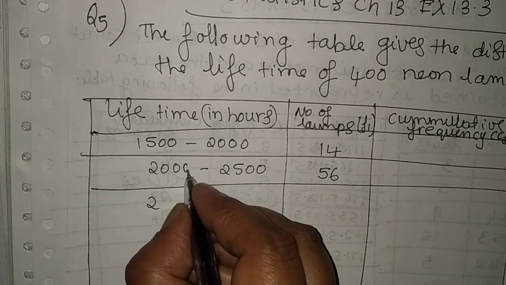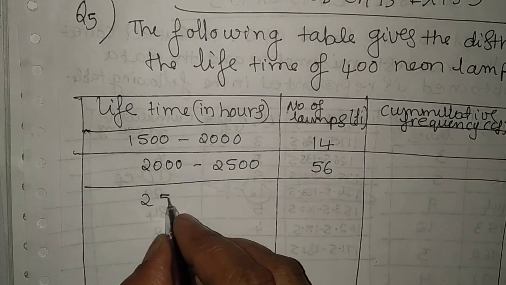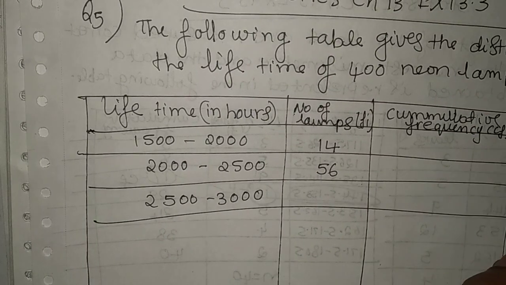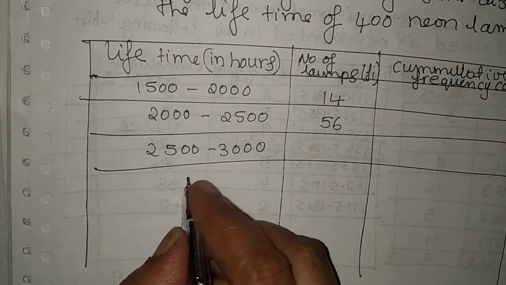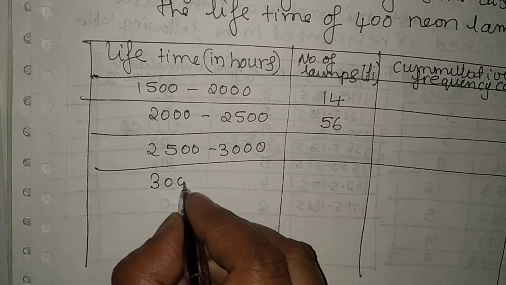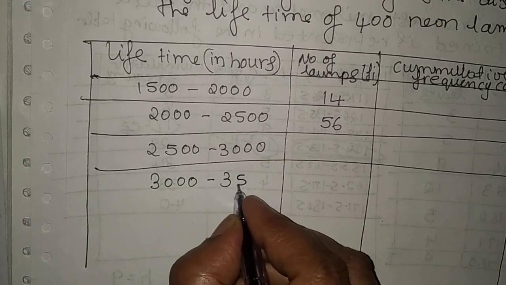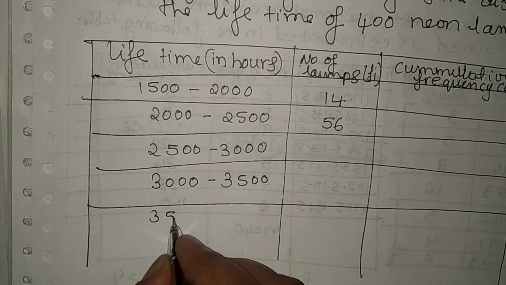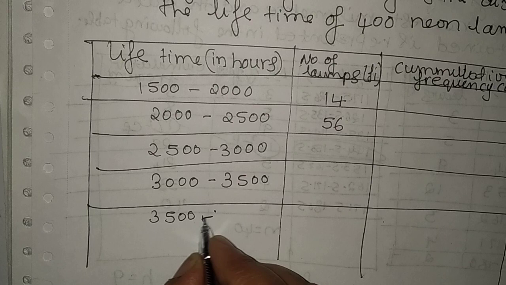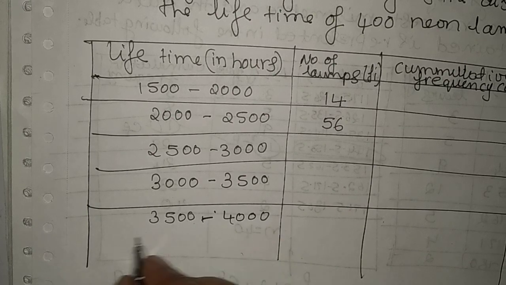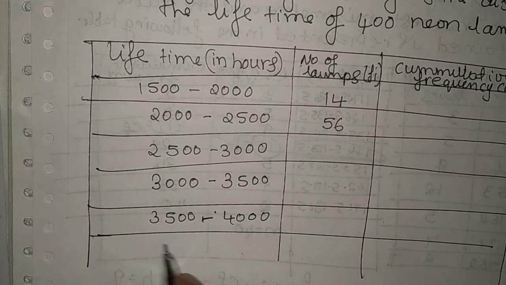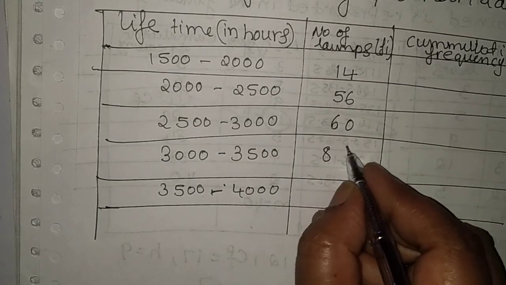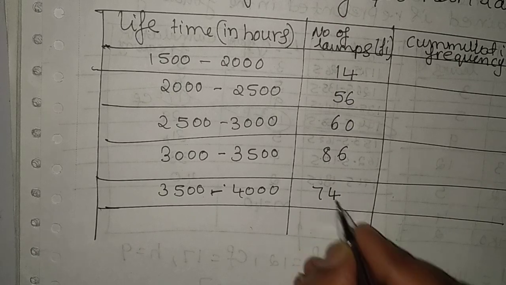Then 2,500 to 3,000, 60. 3,000 to 3,500, 86. 3,500 to 4,000, 74.